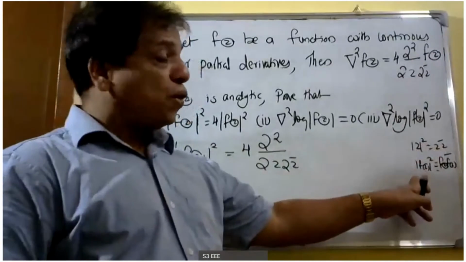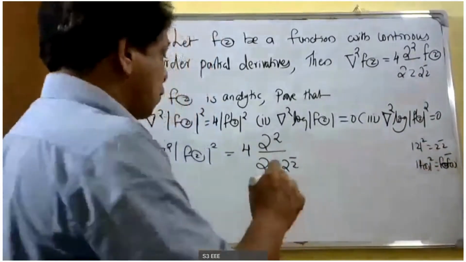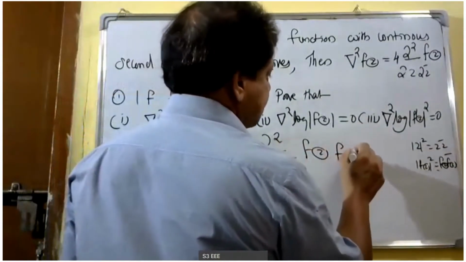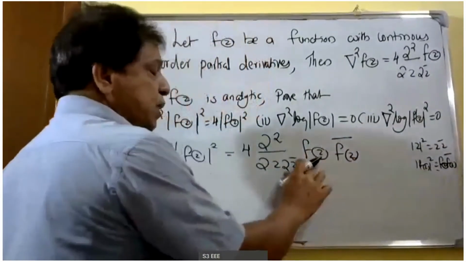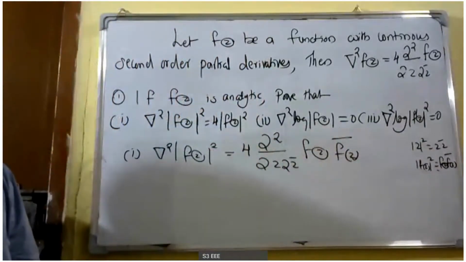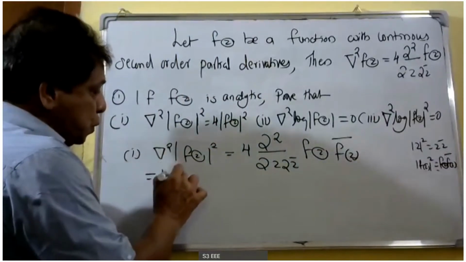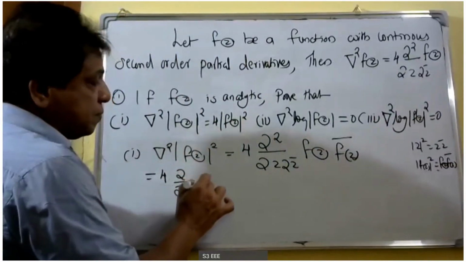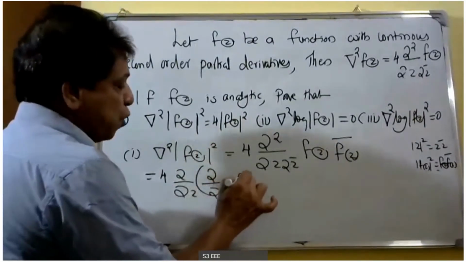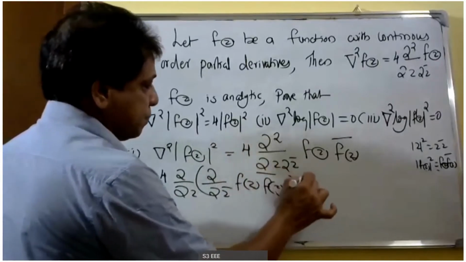Therefore, modulus of f of z square is equal to f of z into f of z bar, which is equal to 4 into dou by dou z bar, f of z into f of z whole bar.